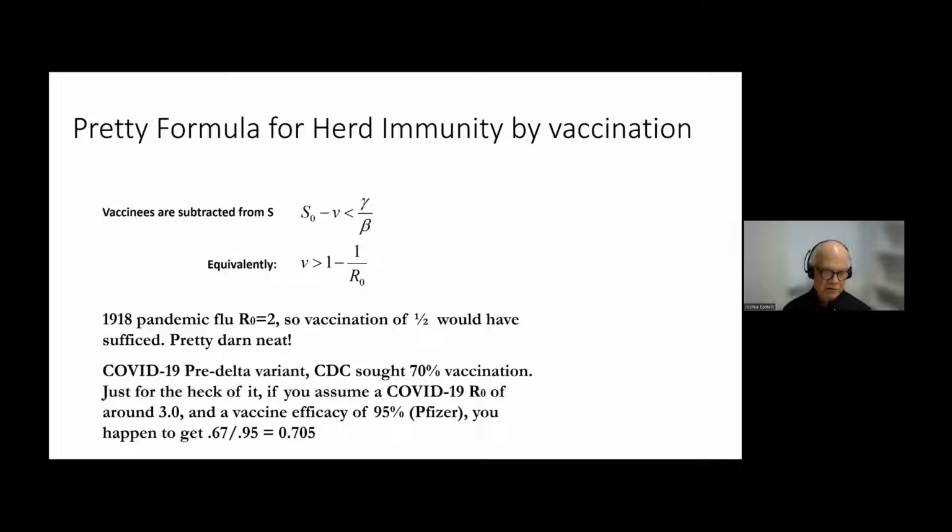And if you recall, during COVID-19, before the Delta variant, the CDC sought something on the order of a 70% vaccination rate. So just for the heck of it, how might they have come up with that sort of number? If you assume a COVID R0 of around 3, which was plausible at that time, and a vaccine efficacy of 95%, which was how Pfizer was rated, you get 0.67 over 0.95, and it's about 70% of the population should be vaccinated to make the thing die out.